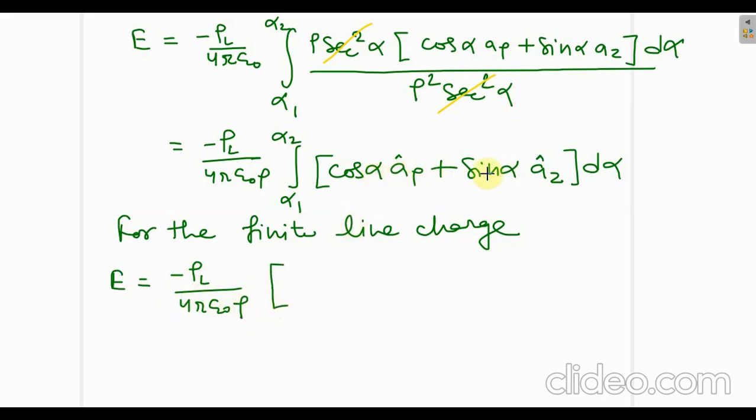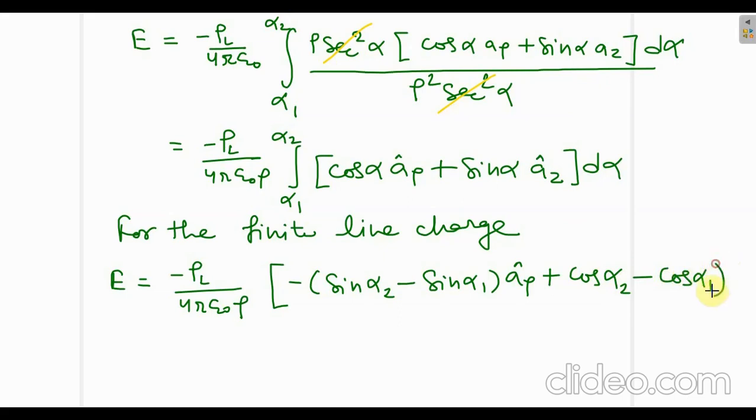After integration and putting the value of limits, we will have sin alpha 2 minus sin alpha 1 a rho, and then plus cos alpha 2 minus cos alpha 1, and this will be a z.